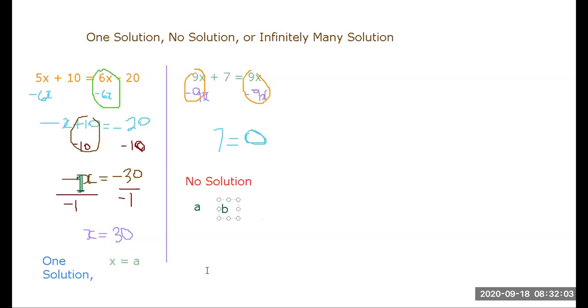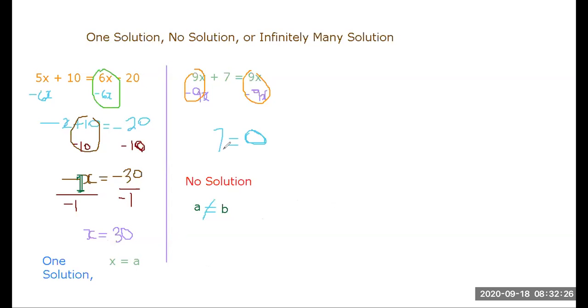And we're going to say a is not equal to b. So that's how we'd write it. For one solution, x is equal to a, whatever number a is. For no solution, we're saying a is not equal to b. 7 is not equal to 0. There is no solution in there.